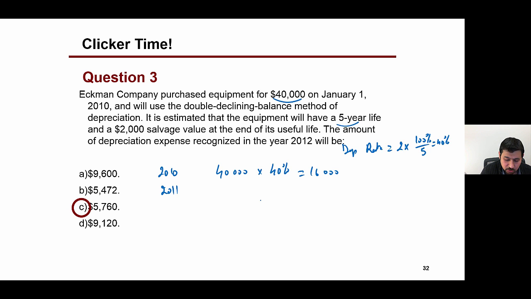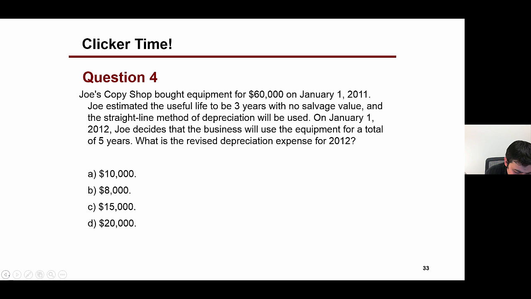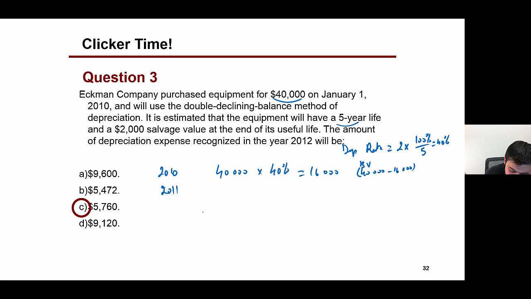End of 2011, we start with the book value, which becomes 40,000 minus 16,000, and that would be equal to 24,000.